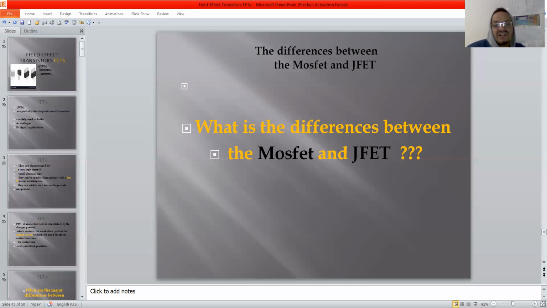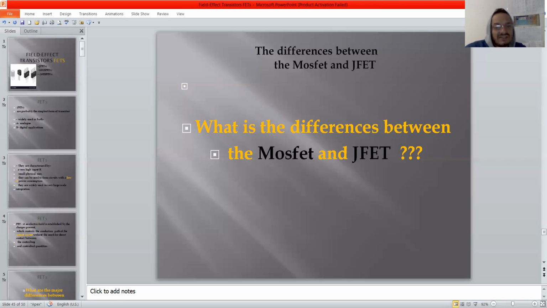Establishing the conventional current ID from ID to IS, the drain current will equal the source current. The drain source voltage is increased from 0 to a few volts.